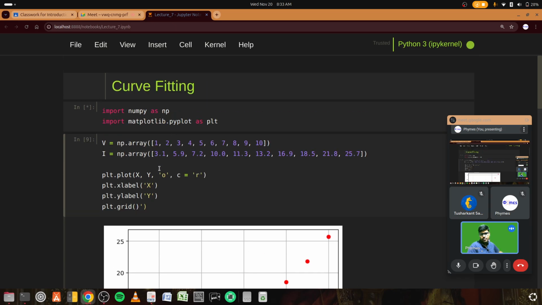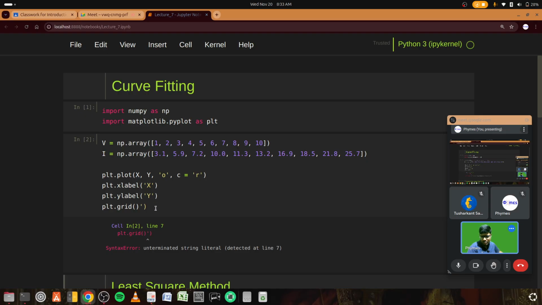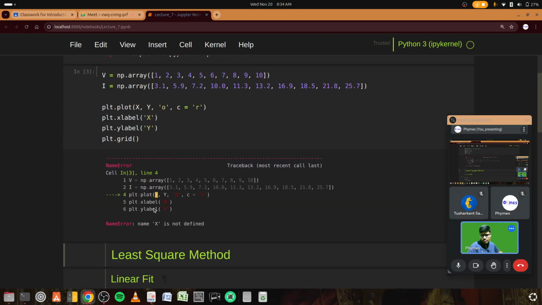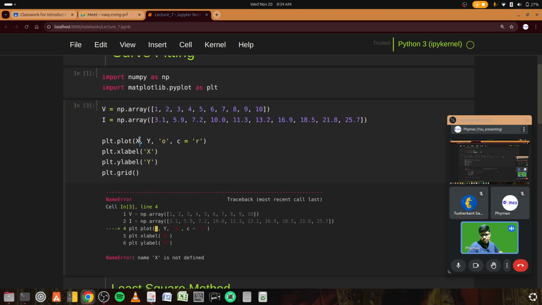Let me run it. What is the error? Name capital X is not defined, sorry. Then I will be on the x axis and V will be on the y axis, and the label will be I. Yes, V will be on the y axis.